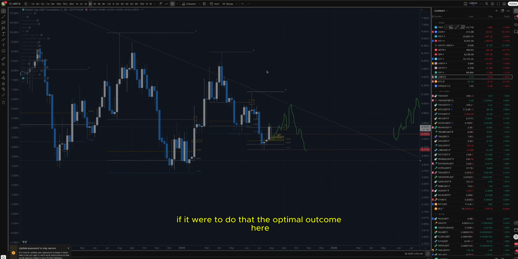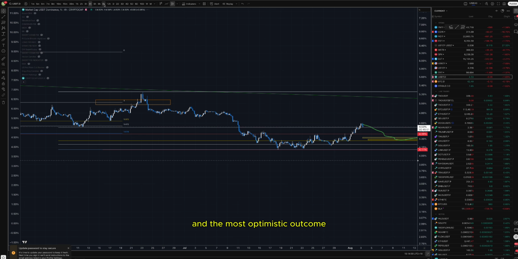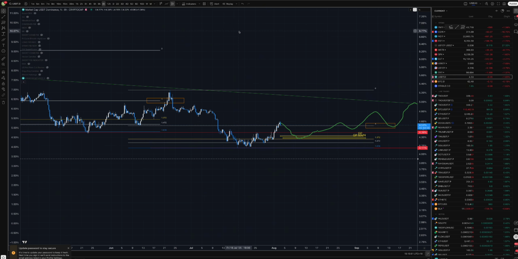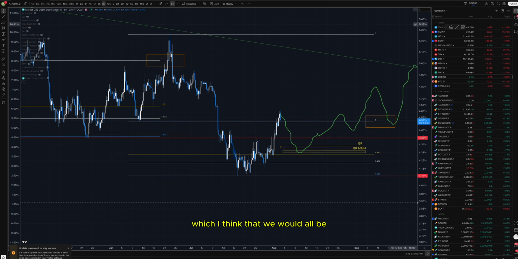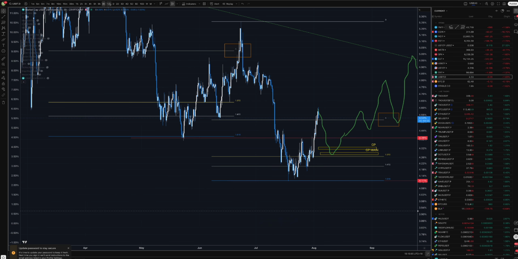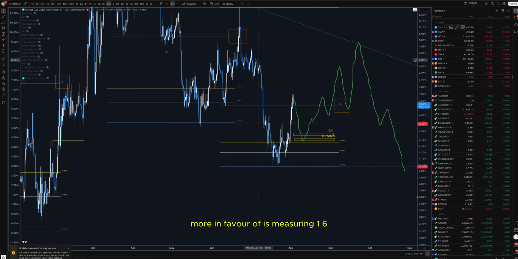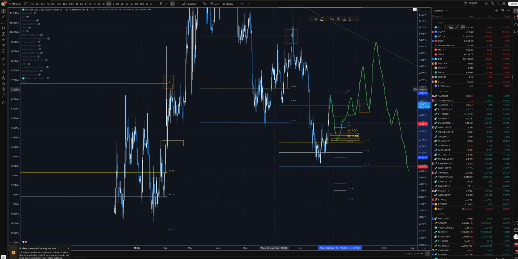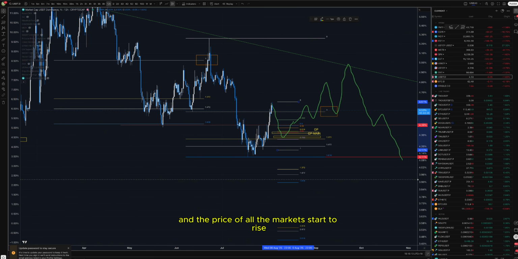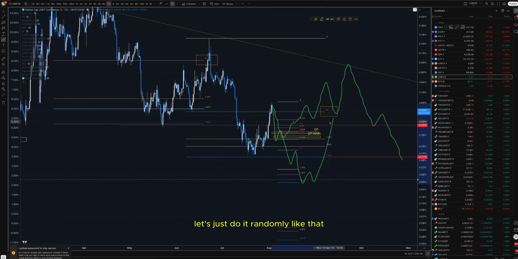The optimal outcome here, and the most optimistic outcome, which I think we would all be more in favor of, is measuring 1.618 from this low to this high, and the price of all the markets starts to rise instantaneously now, right? Let's just do it randomly like that.